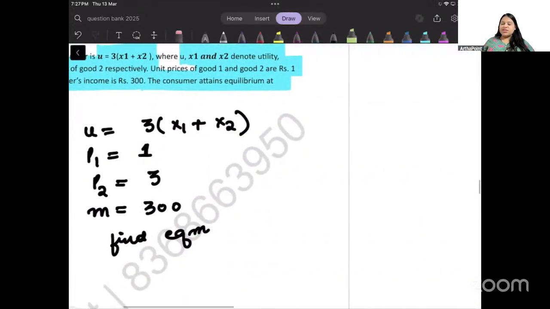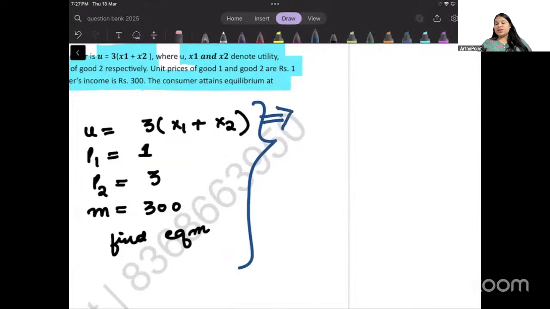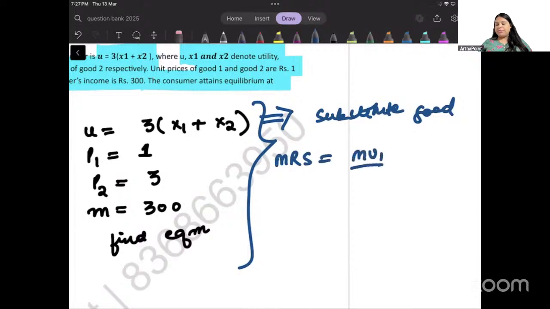ठीक है, let's try this question. So beta, when we talk about this, it is a substitute good utility function. तो यहाँ पे MRS क्या होगा? MU1/MU2. If I differentiate with respect to good 1, x1 1 आएगा, या you can do it 3 also, up to you.